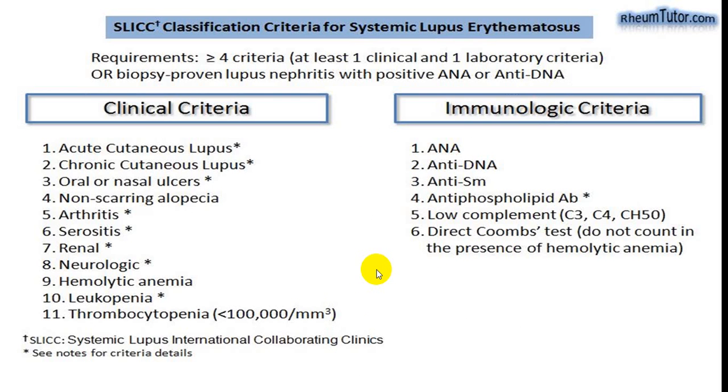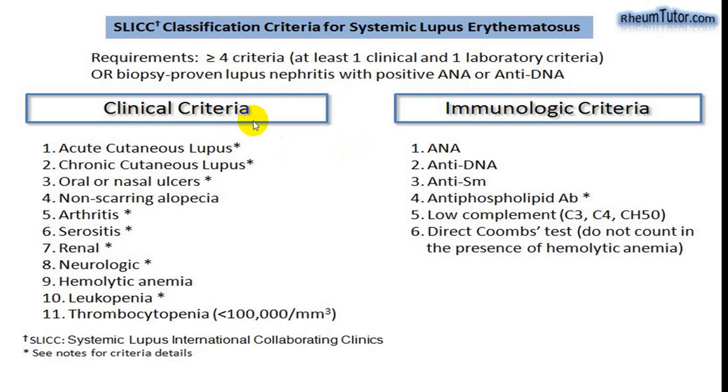But there is also the Systemic Lupus International Collaborating Clinics classification criteria, where it is divided into only two, clinical and immunological criteria. You require a minimum of 4 criteria, at least one from clinical and one from laboratory, or biopsy-proven lupus nephritis with positive ANA and anti-DNA.